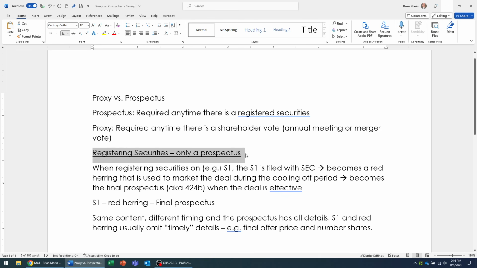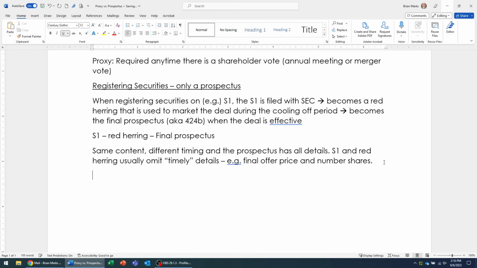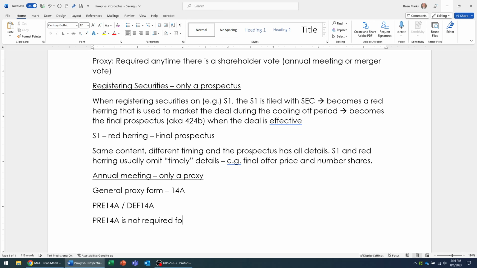So let's talk about your annual meeting. Your annual meeting will have only a proxy. The general proxy form is basically a 14A. So you have a preliminary proxy and a definitive proxy. A preliminary proxy is not required for most annual meetings. As long as you're voting on only run-of-the-mill normal annual meeting stuff, you will not have a preliminary proxy.